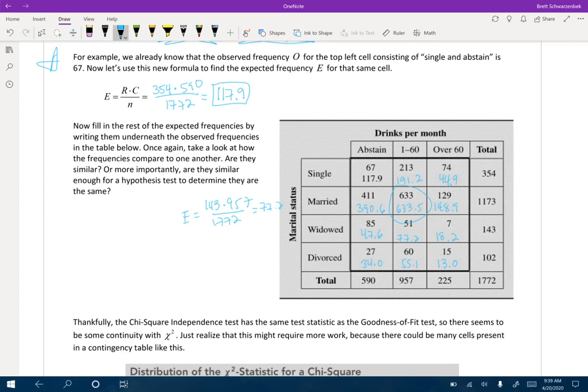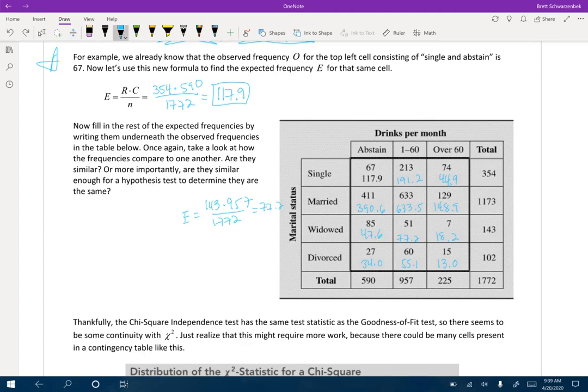That's as close as you're going to get. If you go to some of the other ones, they're pretty close, and then you'll go to some others and you go, whoa, that's really far away. So basically, the idea is how well the O's match the E's will determine whether you reject or do not reject the null hypothesis.